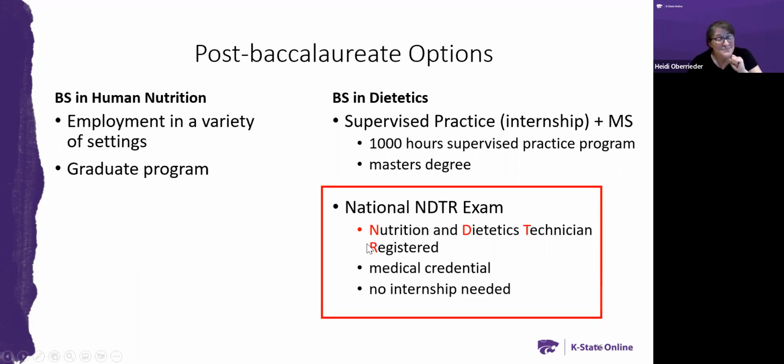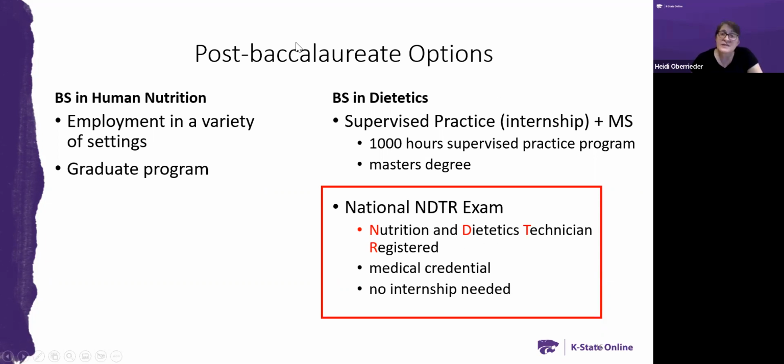One other thing, if you graduate with our BS in Dietetics, you are immediately eligible to take the NDTR credential test. So this is a nationally recognized dietetics credential. It's supported by the same group that supports the RDN credential. And so you don't need any supervised practice to take this test.